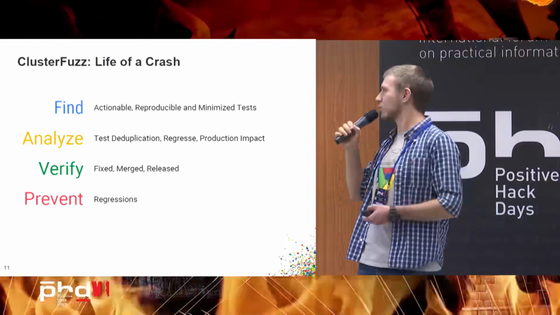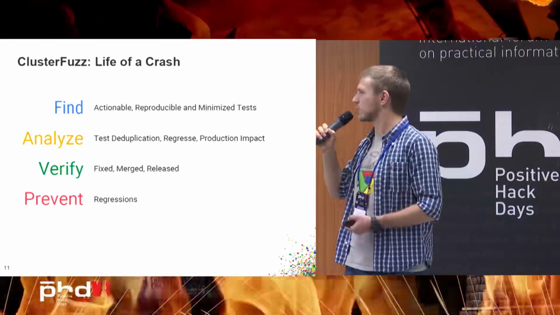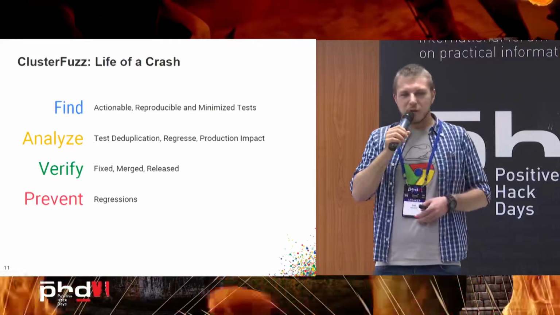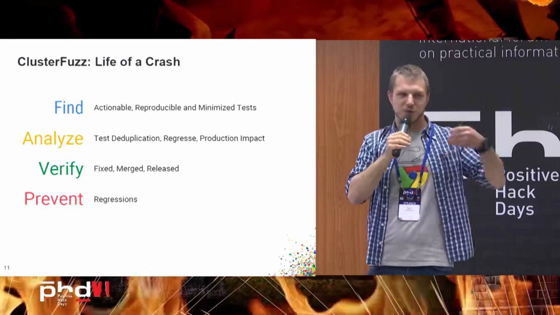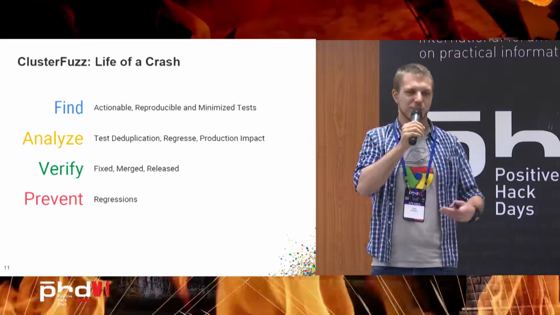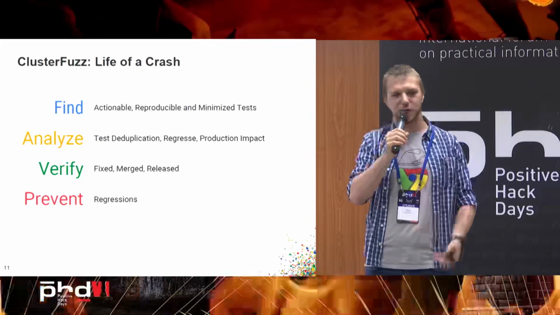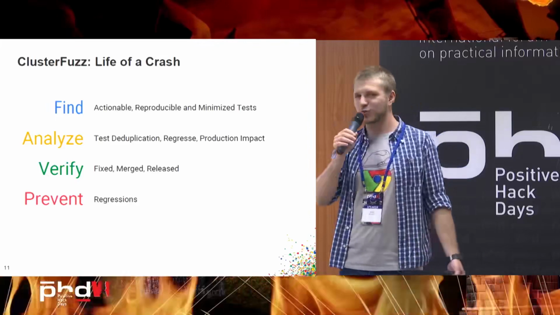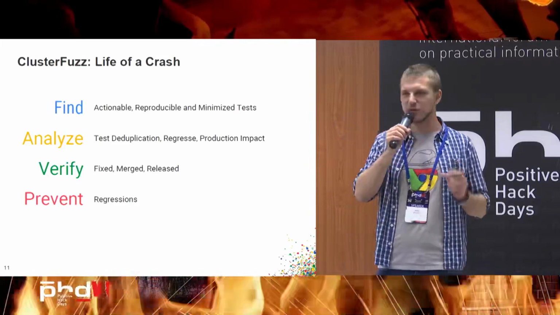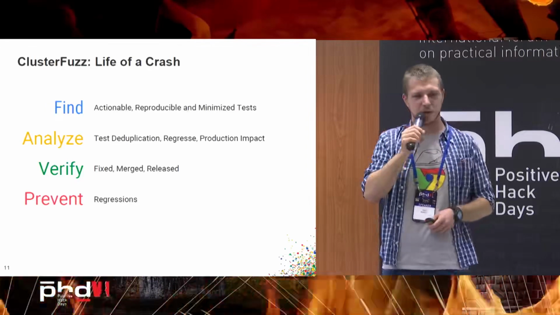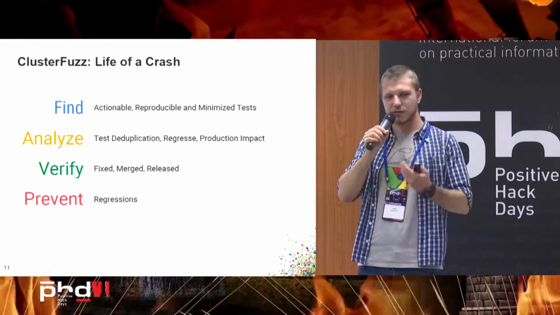So this is how the ClusterFuzz lifecycle works. We first find a fuzz, then we make sure it's actually reproducible, because some crashes are contextual. For example, you can have a memory leak for some time and then you have a crash. And they are not as dangerous as one-shot fuzzers.